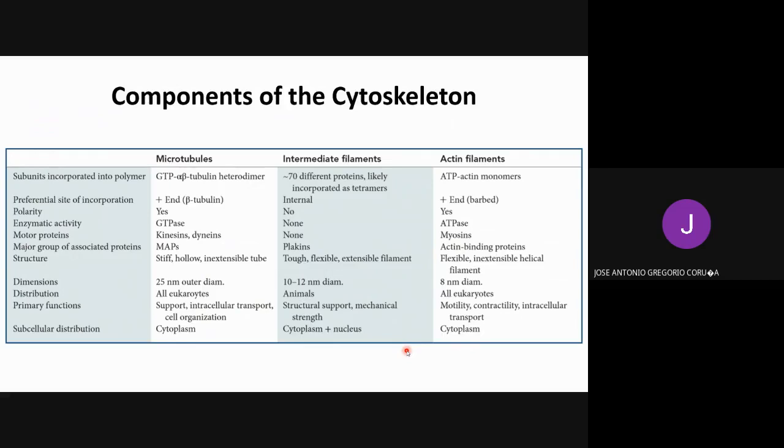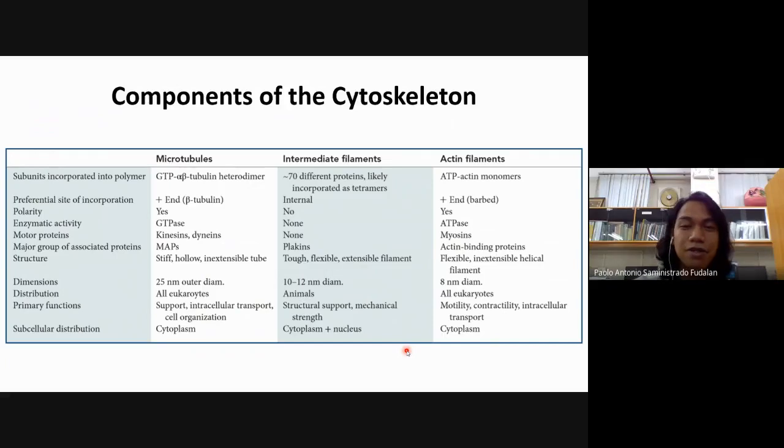For differences, sir, I can say that microtubules and actin filaments have their preferential site of incorporation or nucleation on the positive end for both, and for intermediate filaments, they are more internal and more random in nucleation, sir.